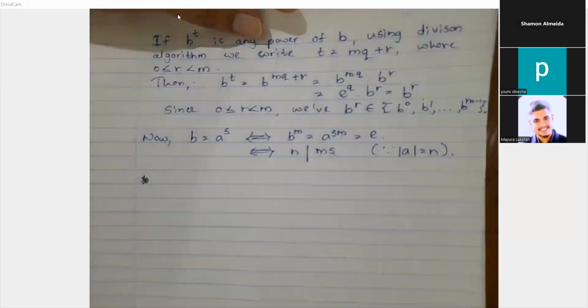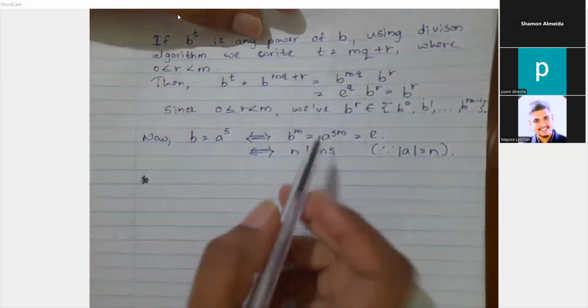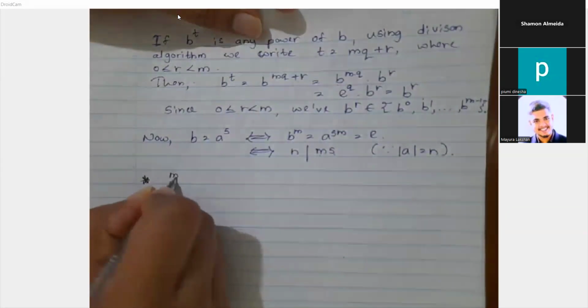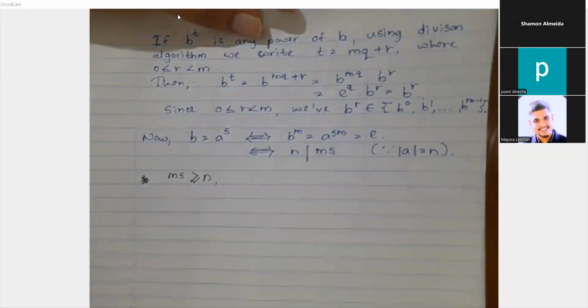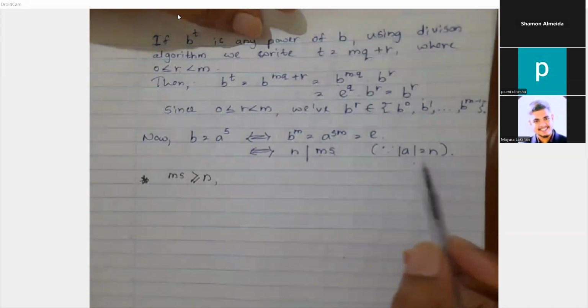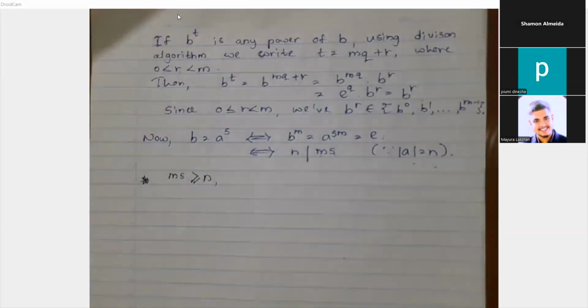Now, to see why n divides ms, we understand by definition ms must be greater than or equal to n, right? Why is that? The order of a is n. So n is the least positive integer such that a to the power of n gives you the identity.